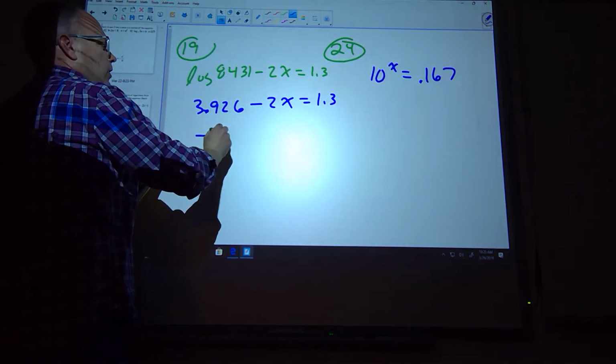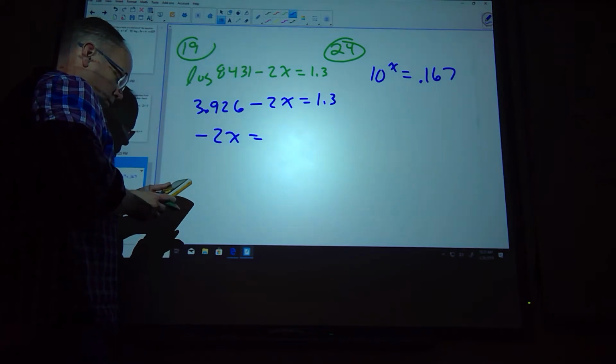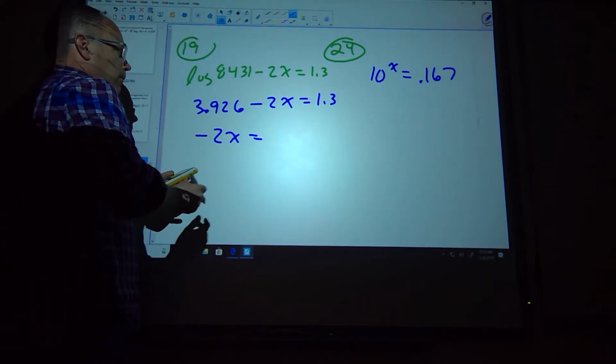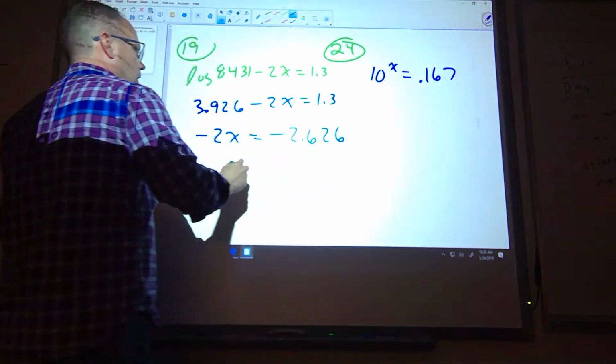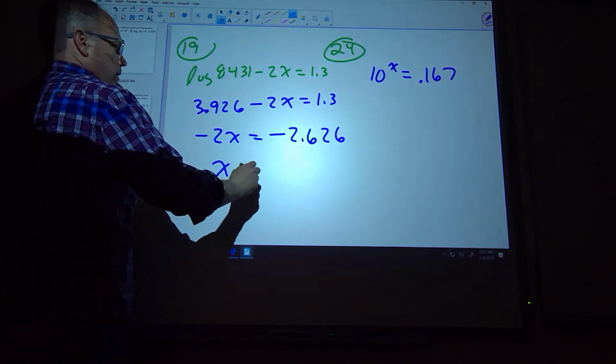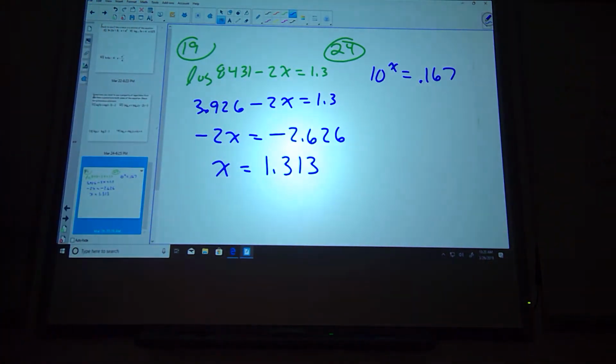Subtract that. 3.927, and then divide each side by 2. So you get 1.313. Is that okay?